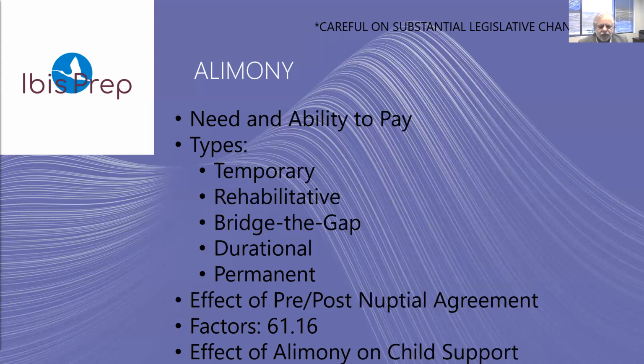And alimony, as we said, we have to go through in order, because alimony constitutes income to the receiving spouse, which will increase their net income, adjusting the child support guidelines, and it's a decrease in the paying spouse's income, reducing the amount available under the child support guidelines.